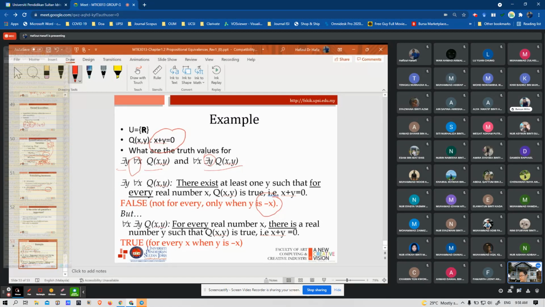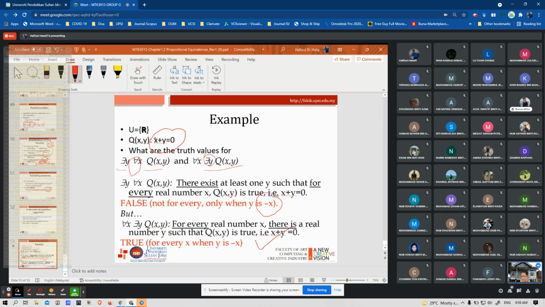This one is the quantifiers of the same and different types. For every real number x, there is a real number y such that Q(x, y) is true. For example, x plus y is 0 is true.